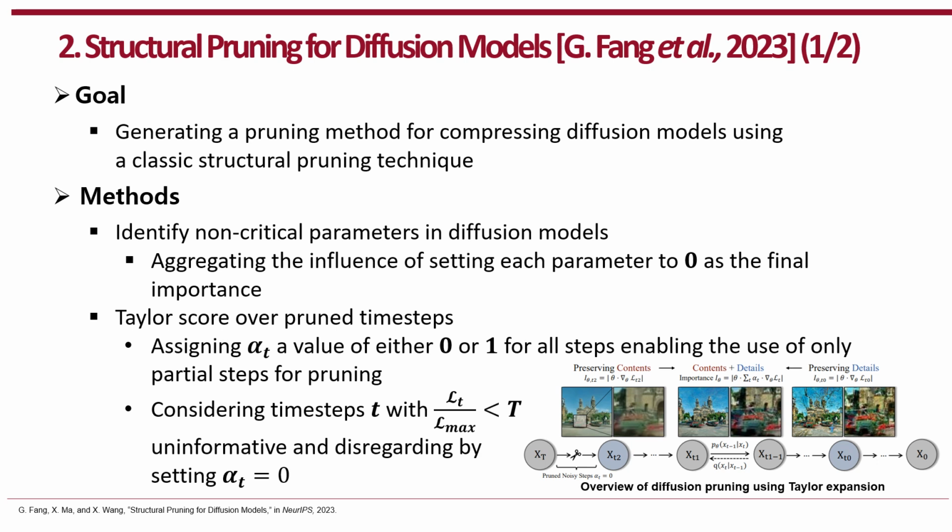To avoid pruning the time step t that generates the critical contents, they introduce a threshold T based on the relative loss of L_t over L_max, so that the time steps below this threshold are considered uninformative, setting the alpha to 0 and pruning them in the model.